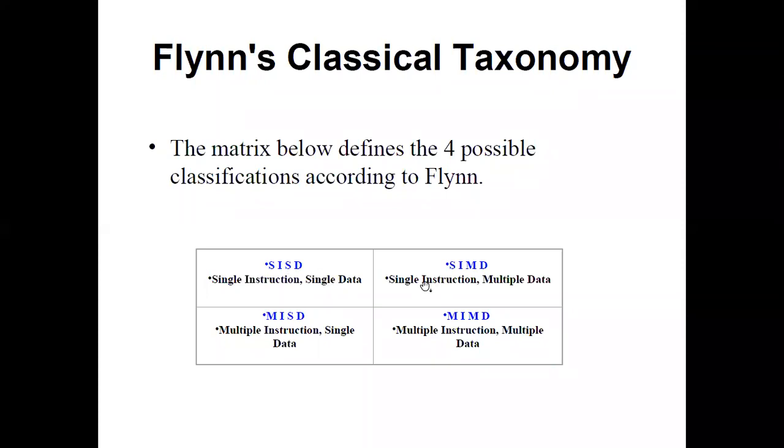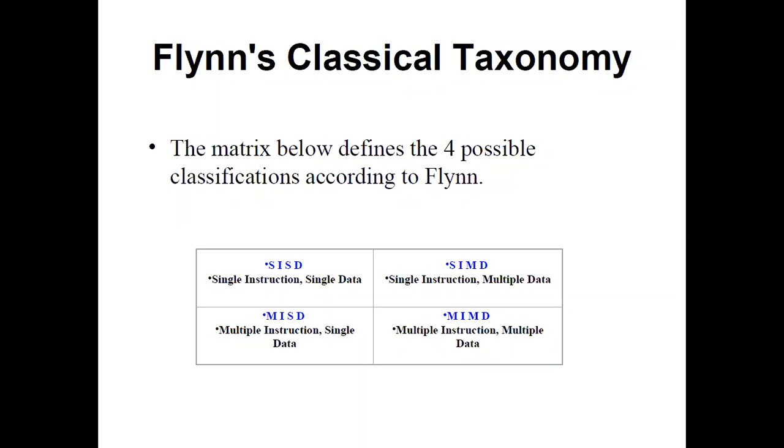The second one is single instruction, multiple data. Next one is multiple instruction, single data. And the last one is multiple instruction, multiple data. So we have used single and multiple along with instruction and data, and there are four classifications: SISD, SIMD, MISD, and MIMD.